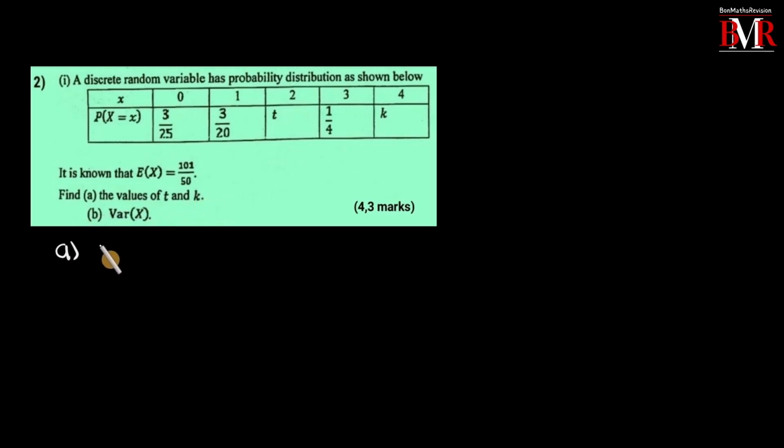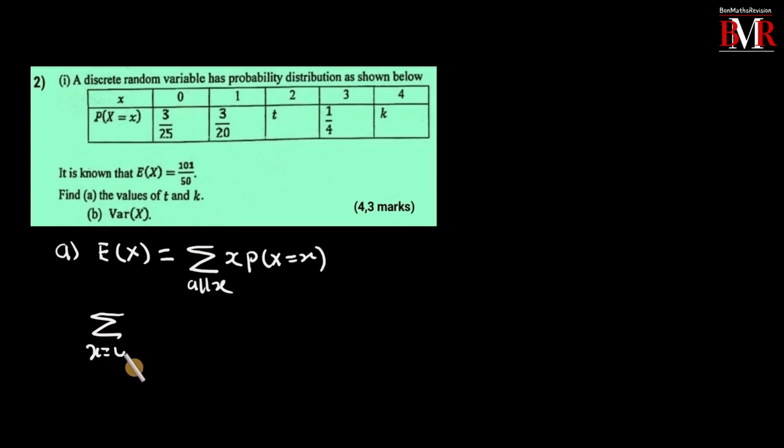You know, the expectation of the random variable X can be obtained by the formula summation of X times the probability of X for all values of X. In this case, X ranges from 0 to 4. That is, the summation from X equals 0 to 4 of X times the probability of X is equal to 101 over 50, as stated in the equation.